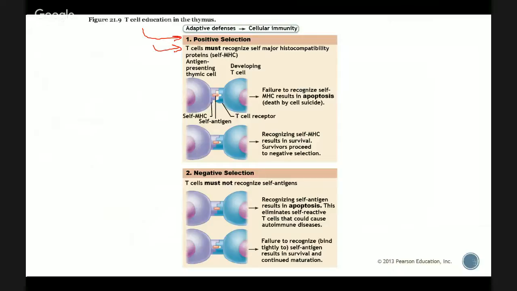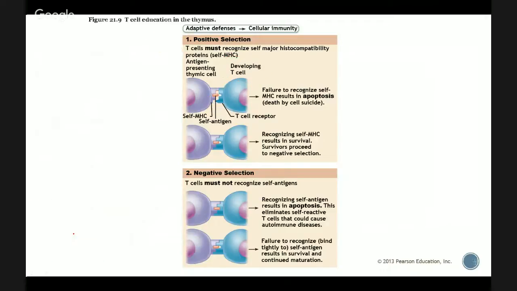So what we're looking at here is this structure right here. On the thymus cell, we're looking at this little part here. As a T cell develops, what we want to make sure is that this part matches this part. You see how I kind of wrote over it, but if you look in your book, you can see how this is not a match, right?